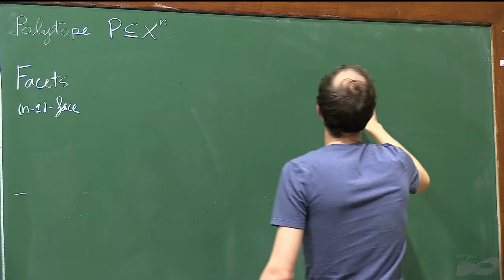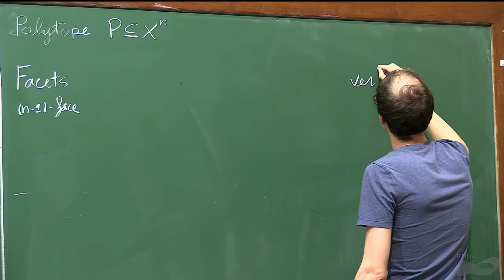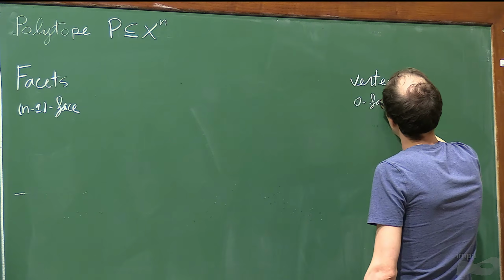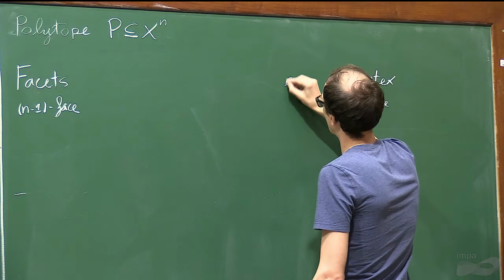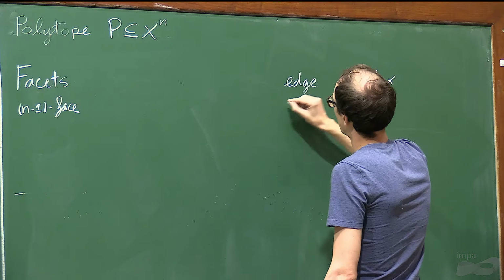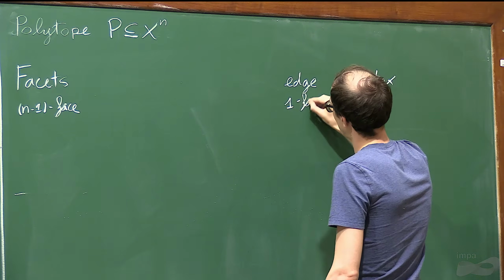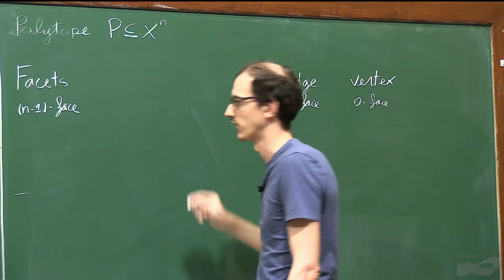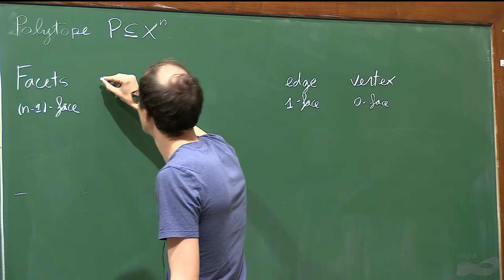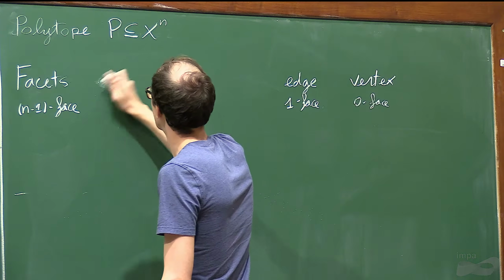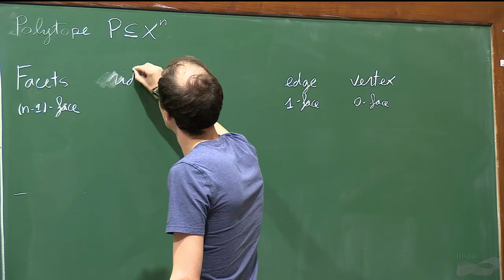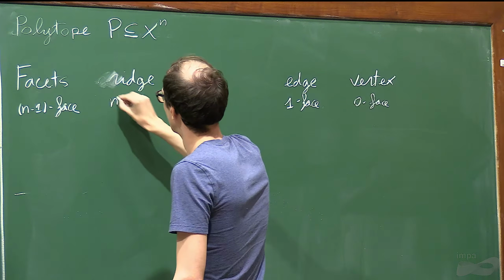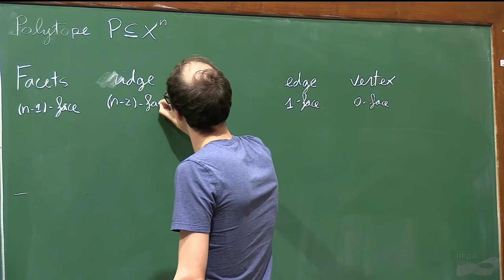I will call a vertex a 0-face, which is just a point, and I will call an edge a 1-face, which is just going to be a line, which is a geodesic. And sometimes I will call a ridge an (n-2)-face.